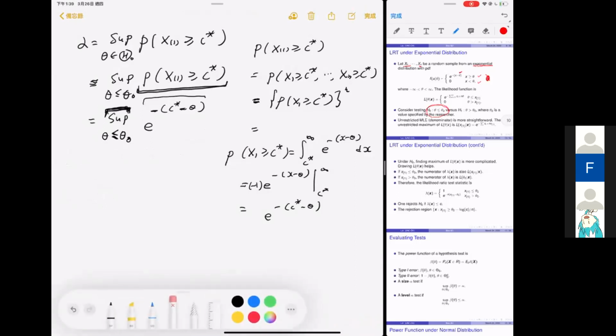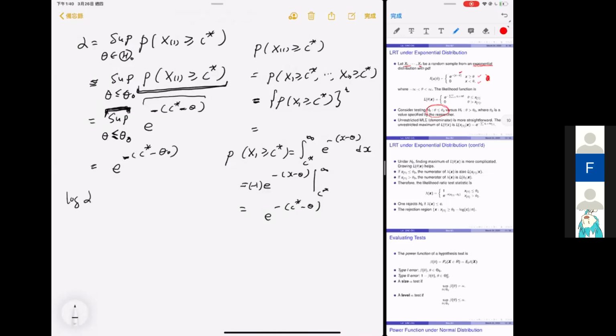Eventually you can write exponential minus C star minus theta naught. Then using that, you can find C star, because I can take the log on both ends: minus C star plus theta 0. Then C star is theta 0 minus log alpha.